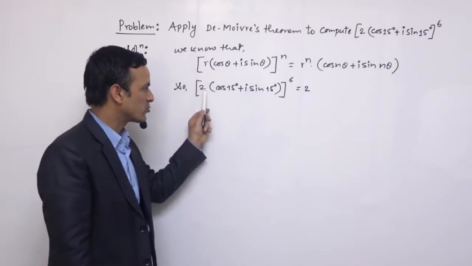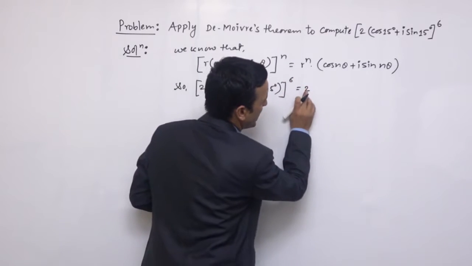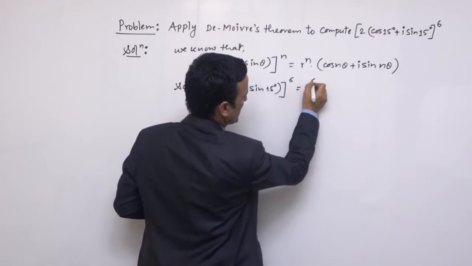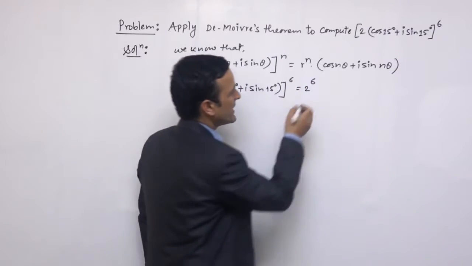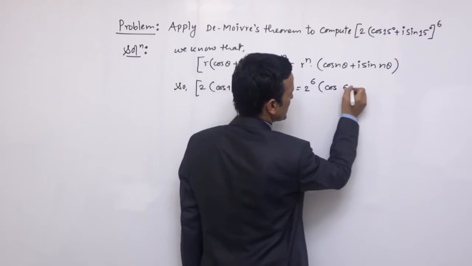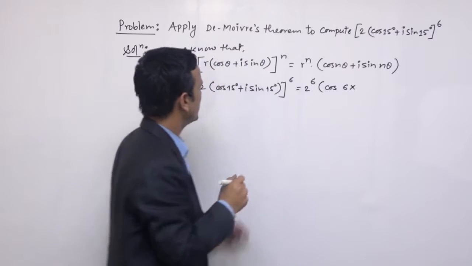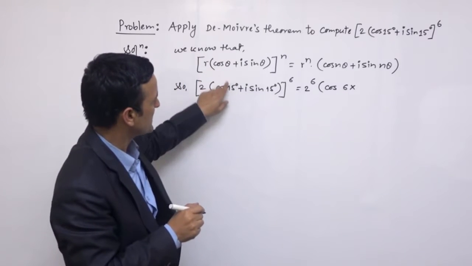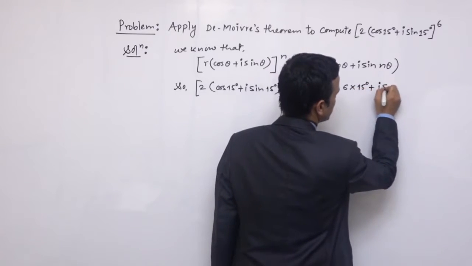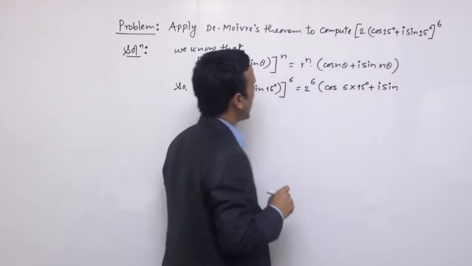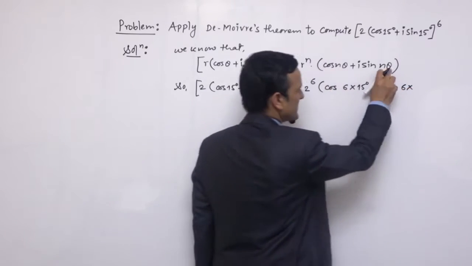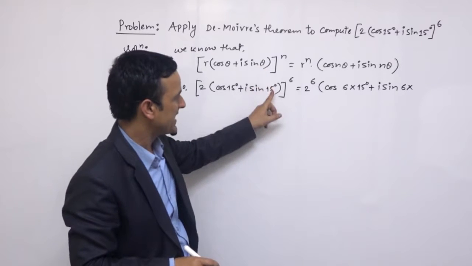Here in de Moivre's theorem the value of r is 2, so write down value of r is 2 and value of n is 6, so write down 6. Then after cos, n is 6, so 6 into theta. Here theta is 15, so write down 15 degree plus I sin, value of n is 6, so write down 6 and theta, value of theta is 15.